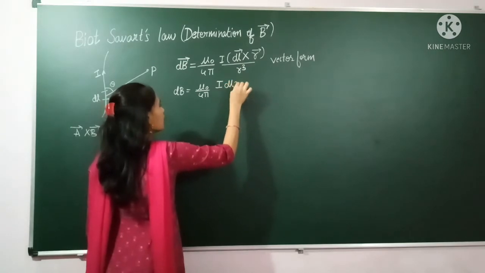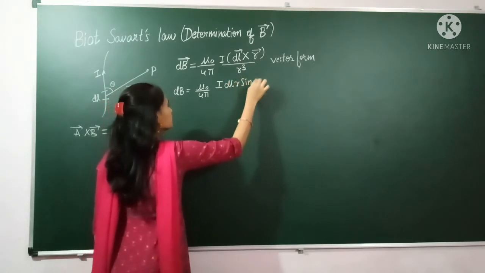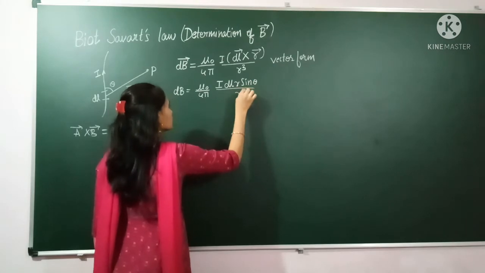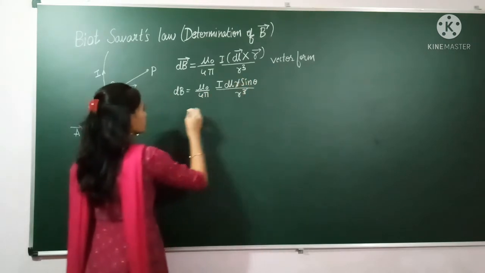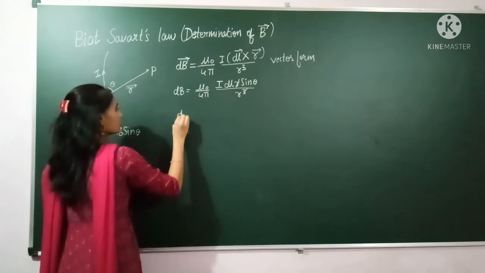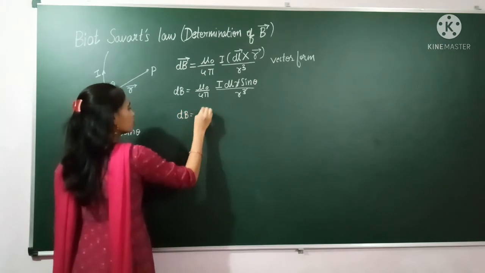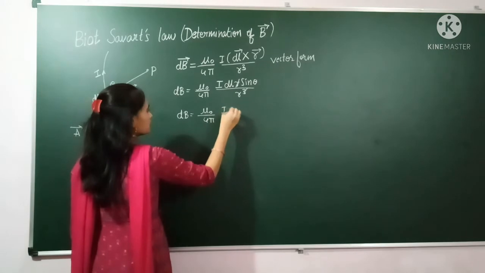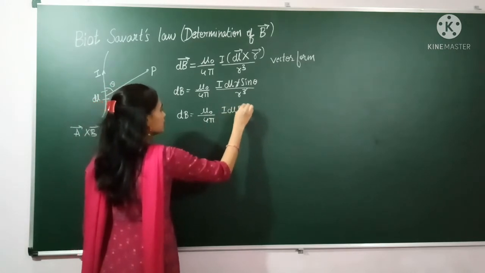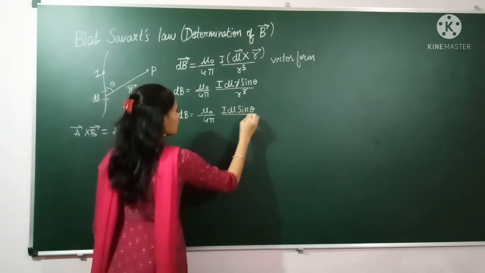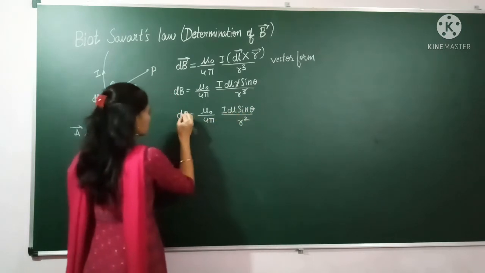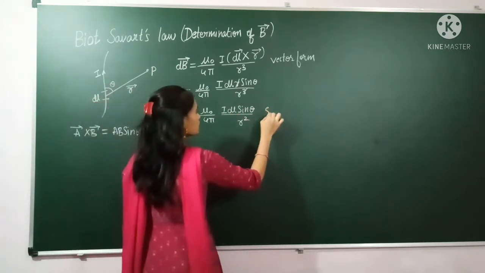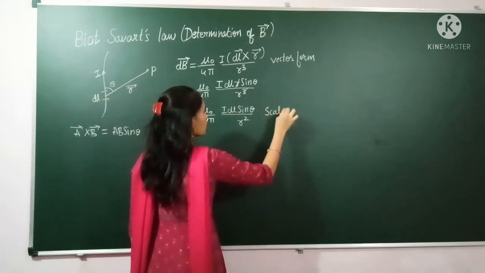So dl r sin theta divided by r cube. Here one r will be cancelled. So this equation can be written as dB equals mu naught divided by 4 pi, I dl sin theta divided by r square. We call this the Biot-Savart law in scalar form.